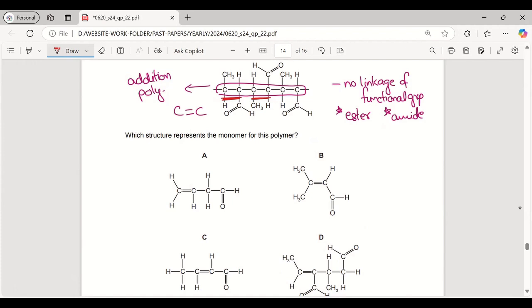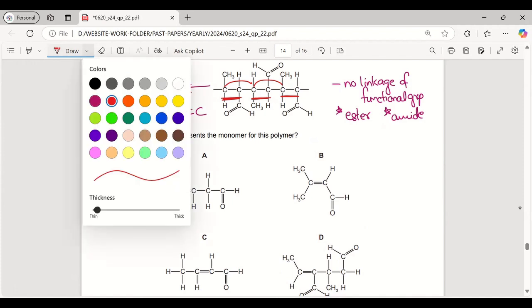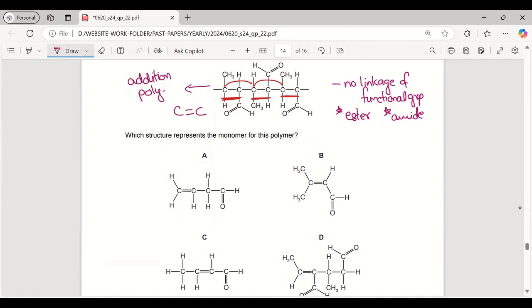On the first carbon, there is CH3 and H, and the same is repeated in this carbon, H and CH3, and the same is repeated in this carbon, CH3 and H. Similarly, for the second carbon, you can see that there is one H and C double bond O, H, COH.